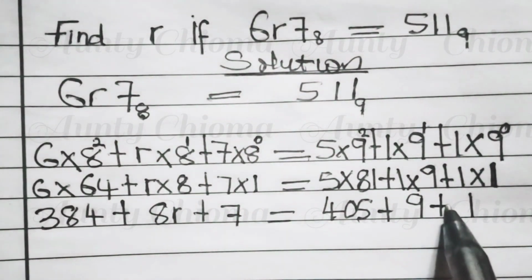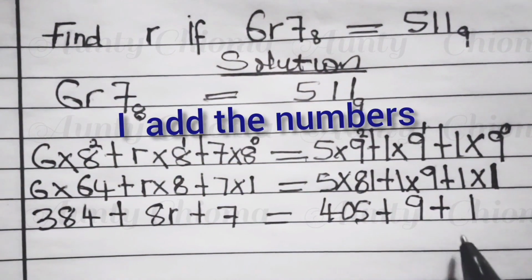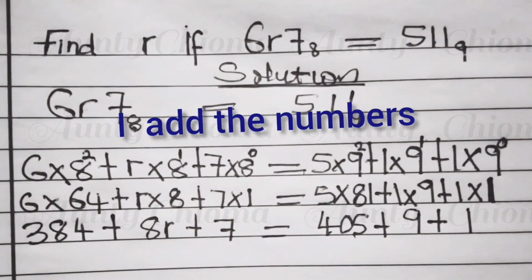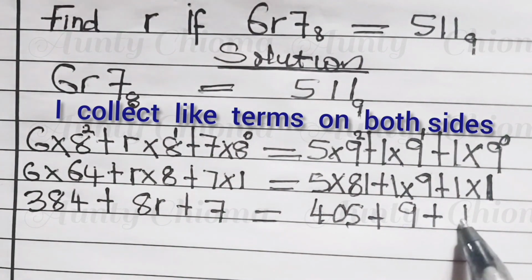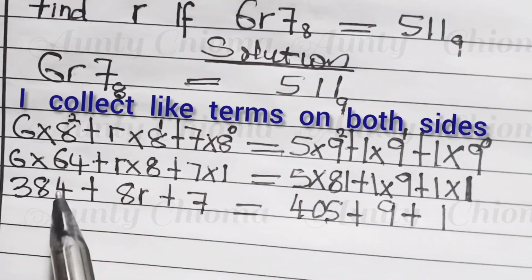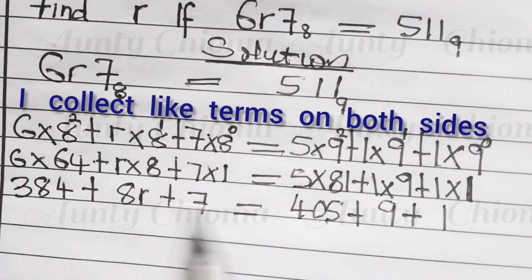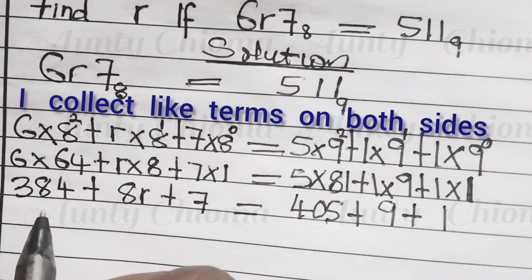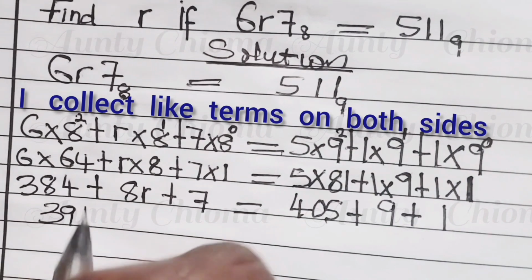What next? I sum up the numbers. I collect like terms in each side. 384 and 7 are like terms. So I say 384 plus 7. It will give me 391. So I write it down. 391.